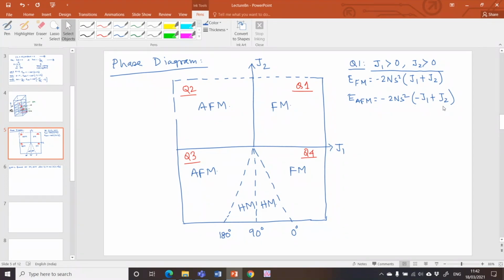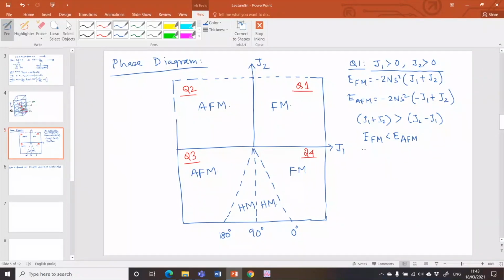So clearly the bracketed term is more positive for the FM case. J1 plus J2 is greater than J2 minus J1 in such a case, which means that here EFM will be less than EAFM.